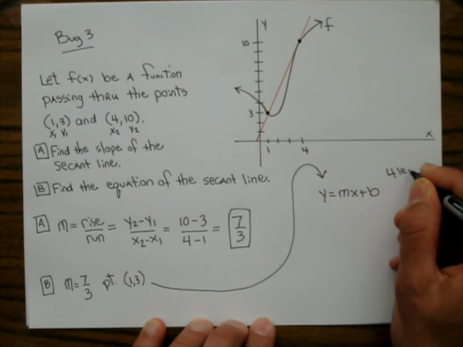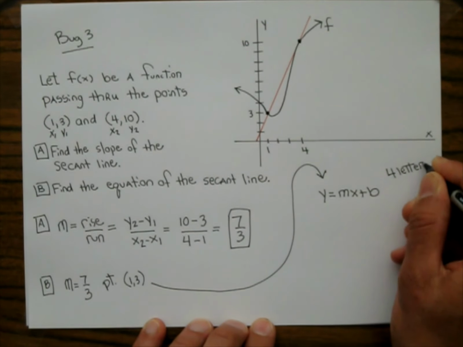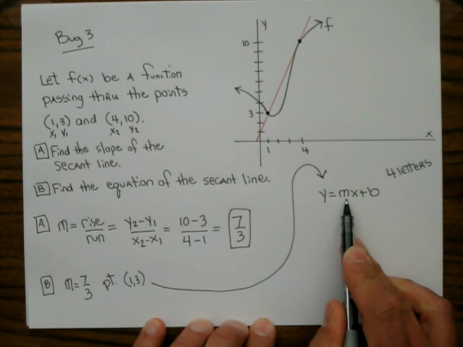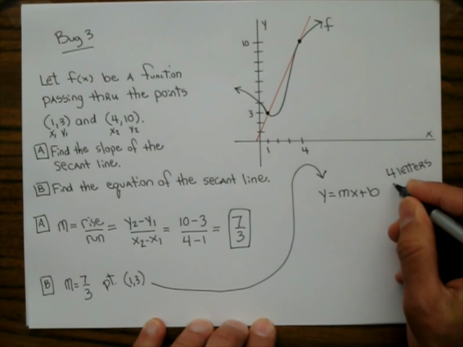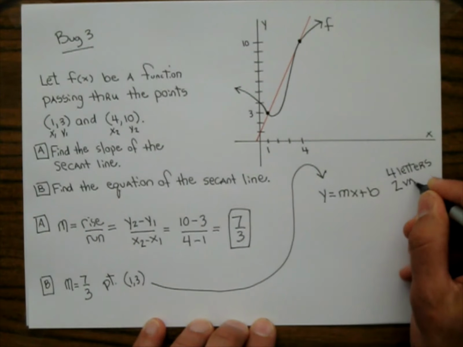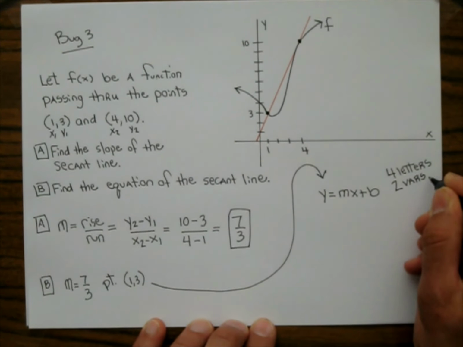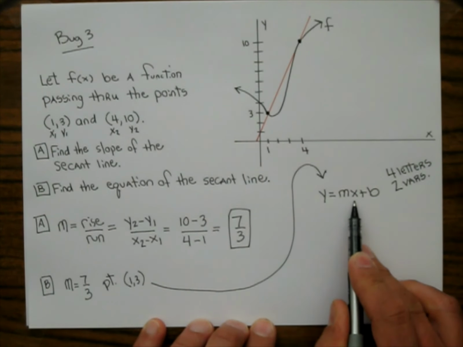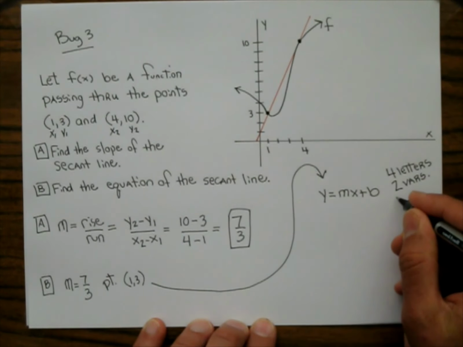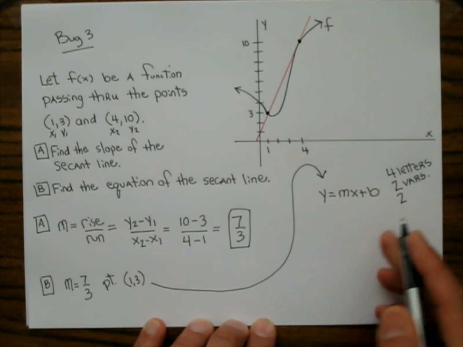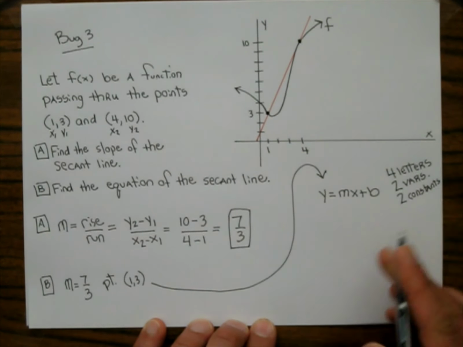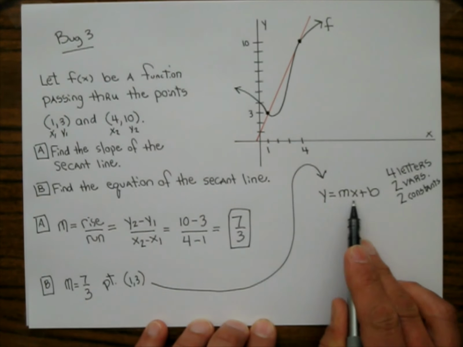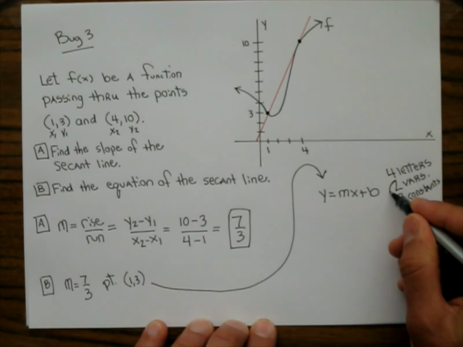4 letters in this equation: y, m, x, b. 2 of the letters are variables. That would be x and y. And 2 are constants. The constants are m and b, b being the y-intercept.